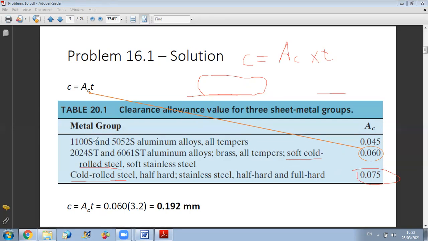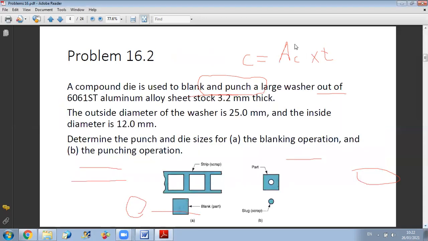Knowing the value of the clearance allowance from the table and the thickness of your stock, you can get the value of the clearance required for your operation. This problem is just to know how to calculate the clearance. Now we move to another problem.